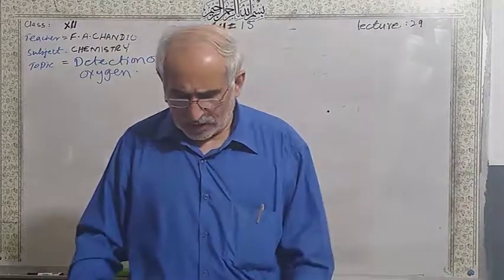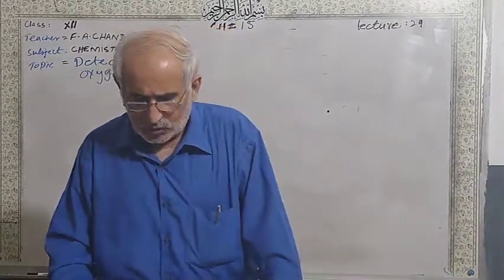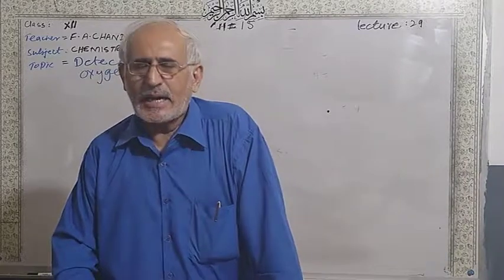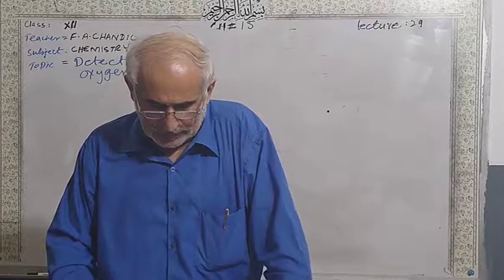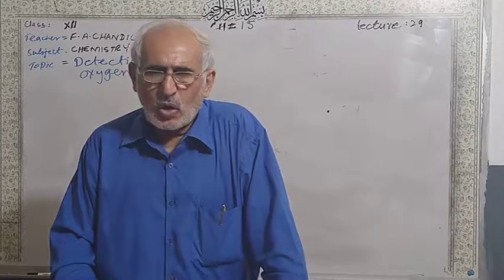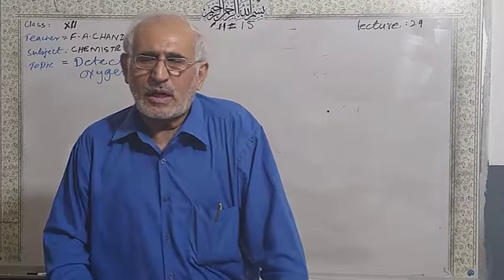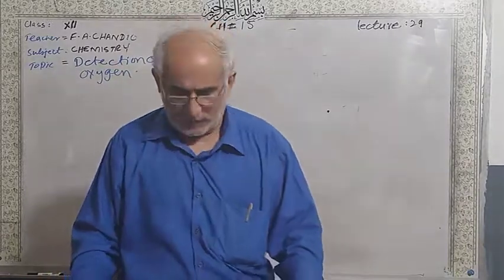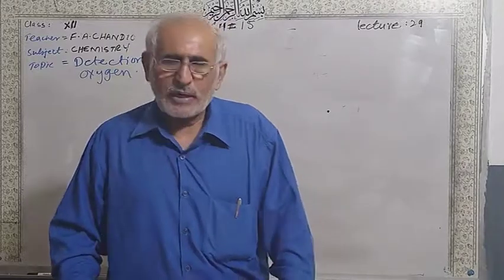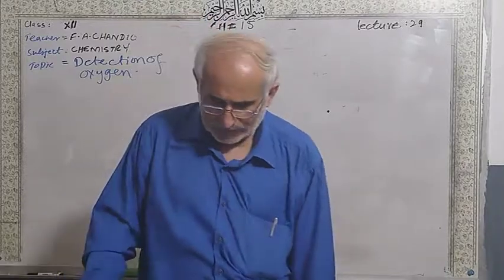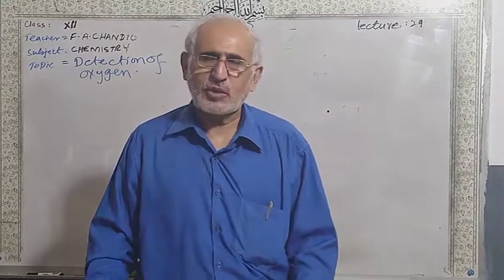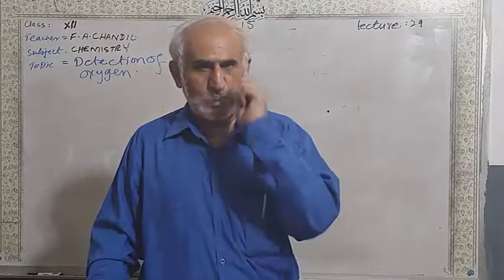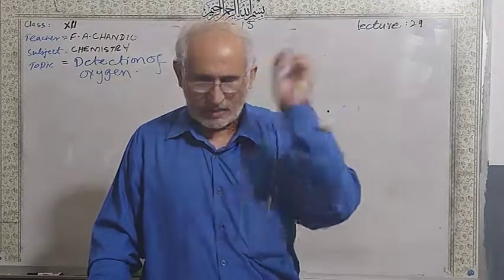There is no conclusive test for oxygen; its presence in organic compounds is often inferred by indirect methods. Listen carefully. The substance containing oxygen is heated alone in a dry test tube. No water, nothing present in the test tube. Put the compound containing oxygen in the dry test tube and heat it.